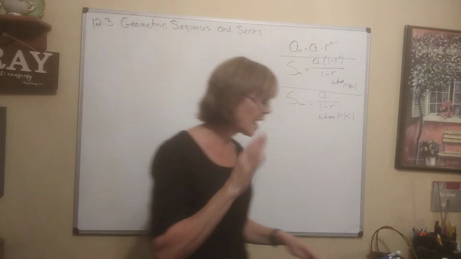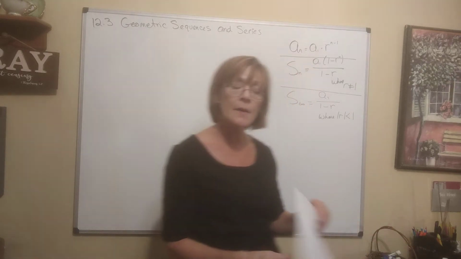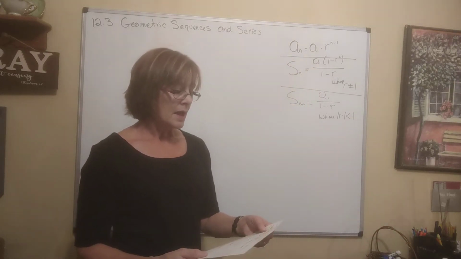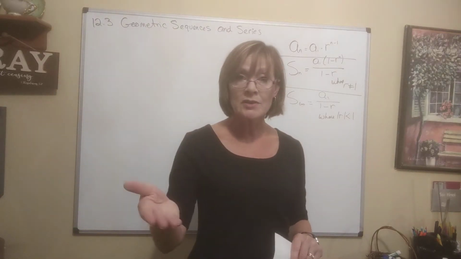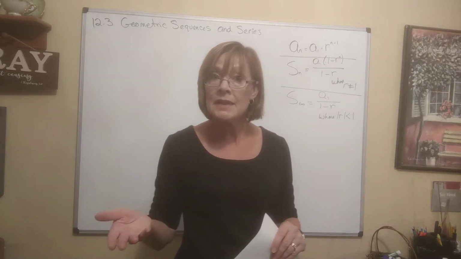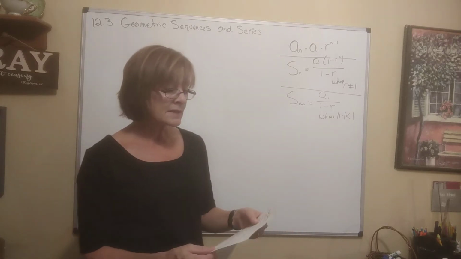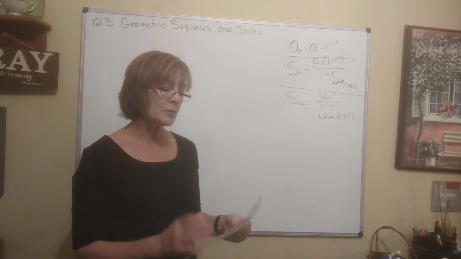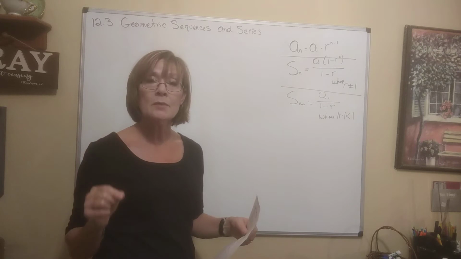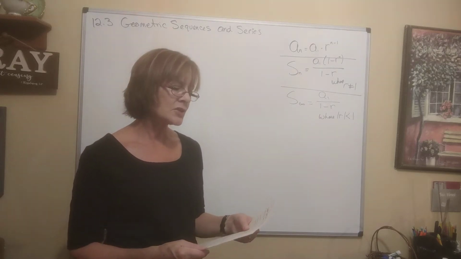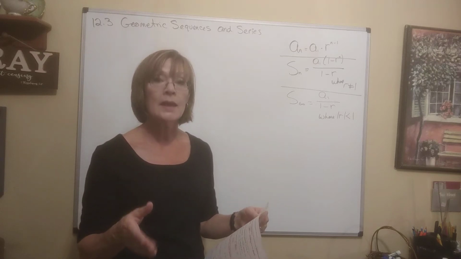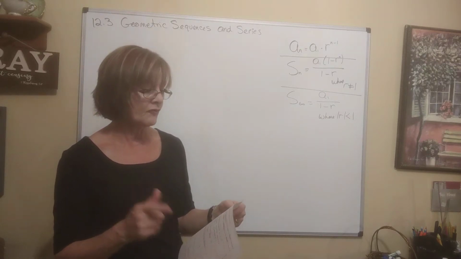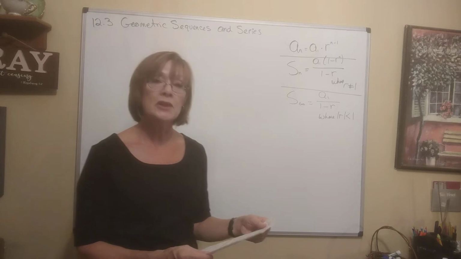The difference is, and I have some blanks on your handout that you can fill out, a geometric sequence, sometimes called a geometric progression, which means the same thing, is a sequence in which each term after the first is obtained by multiplying a non-zero fixed number to the previous term.